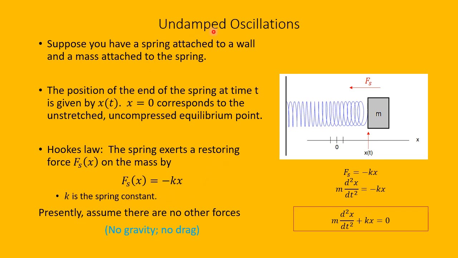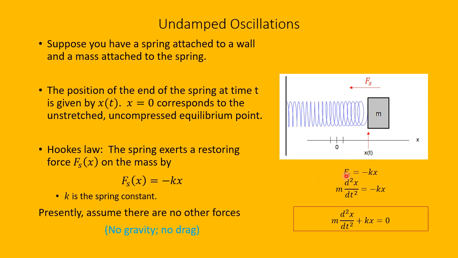With undamped oscillations, we will assume that there are no forces other than that from the spring. So there's no gravity taken into account and no drag of the mass through, perhaps, a fluid. In that case, using force equals ma, first we can say that the force is equal to minus kx by Hooke's law.